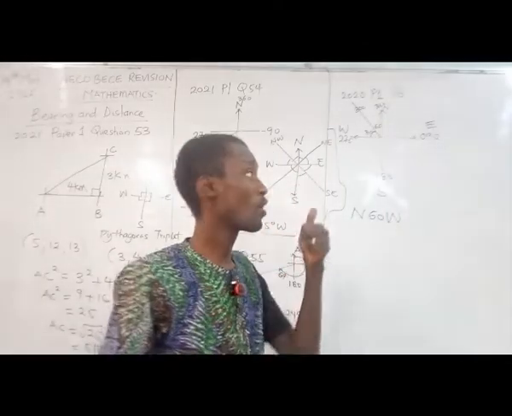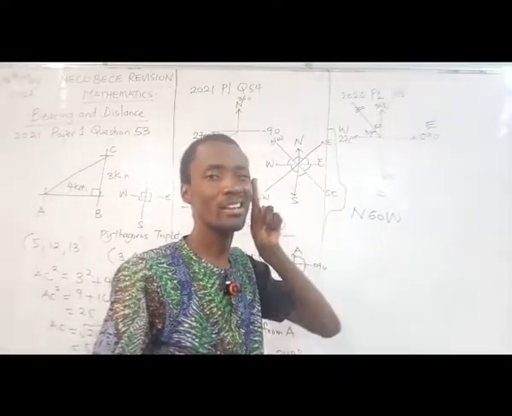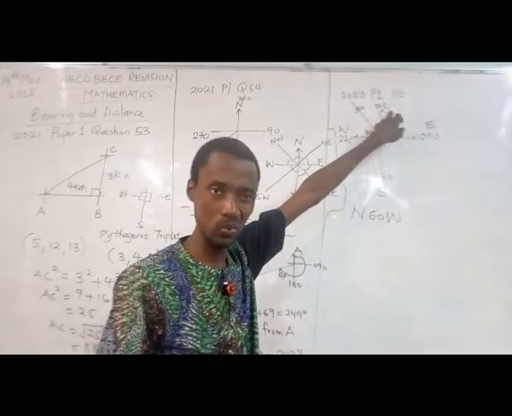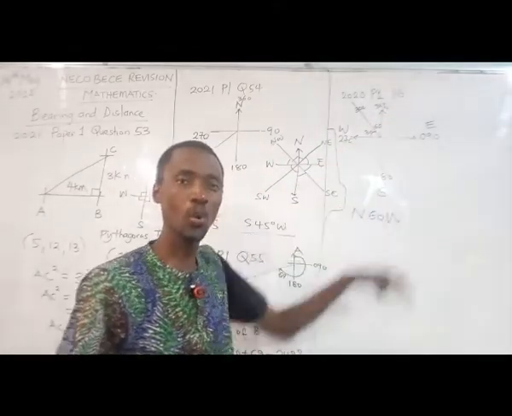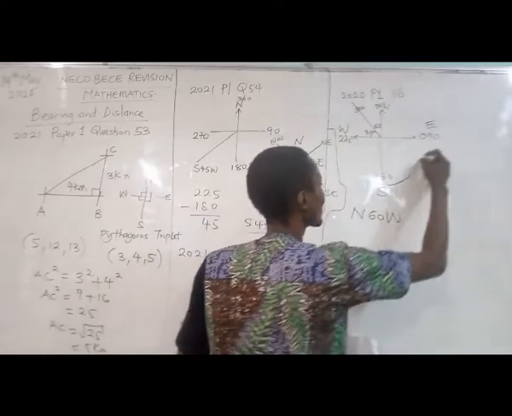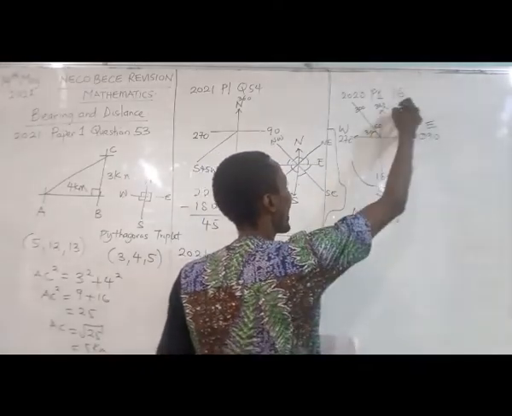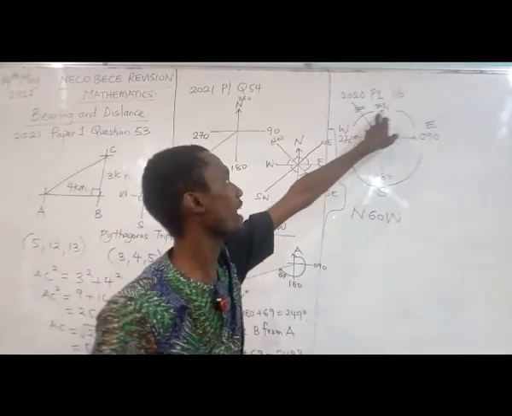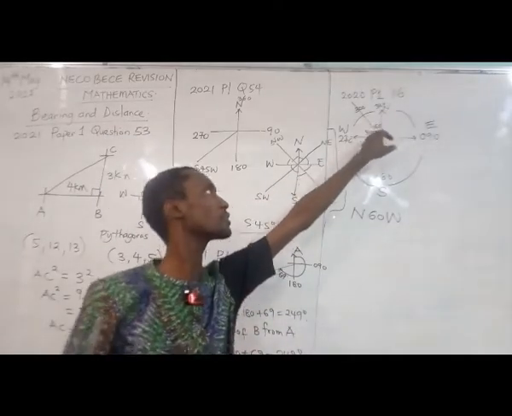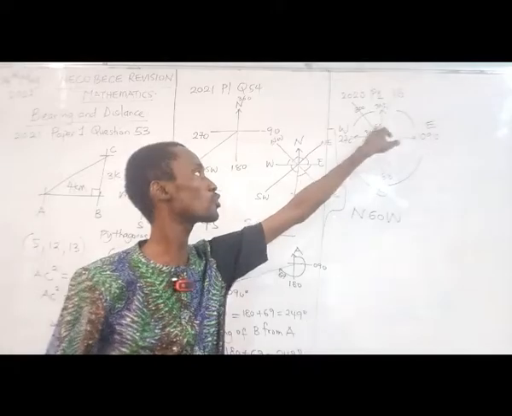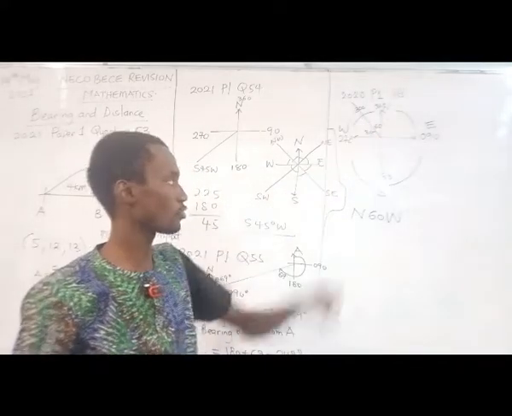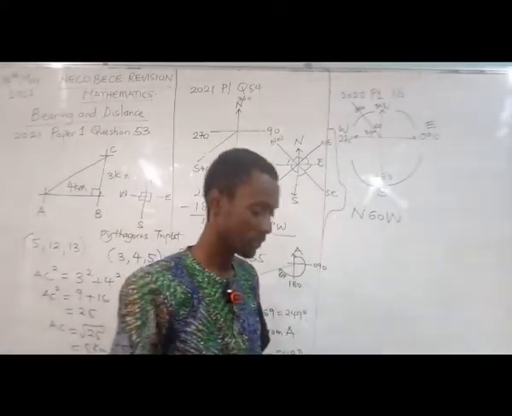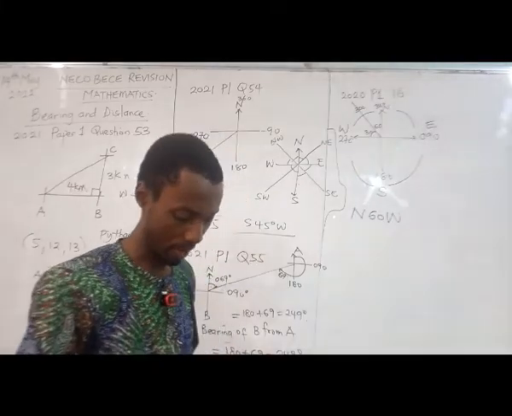We said that for a compass bearing, the reference point is the north and the south. So when you're reading, you read like this, or you read like this. So if I'm going to get to 300, I would have moved 60 degrees towards west. And that's why the answer is 60 degrees west.